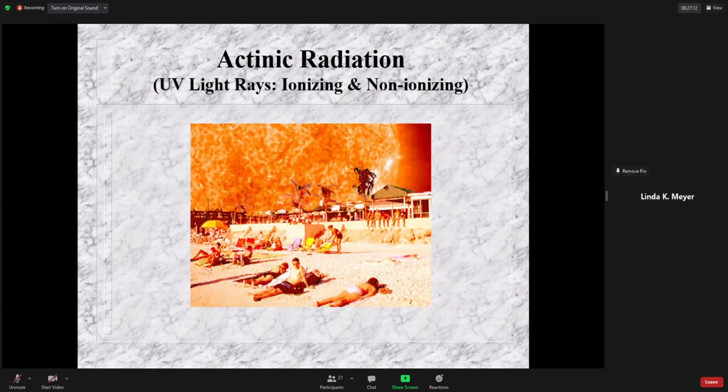Ultraviolet light, another name for ultraviolet light is actinic radiation or solar radiation. Ultraviolet light consists of both ionizing and non-ionizing radiation. We already mentioned the effects that too much sun can have on us, from a sunburn to long-term sun damage, such as developing skin cancers.